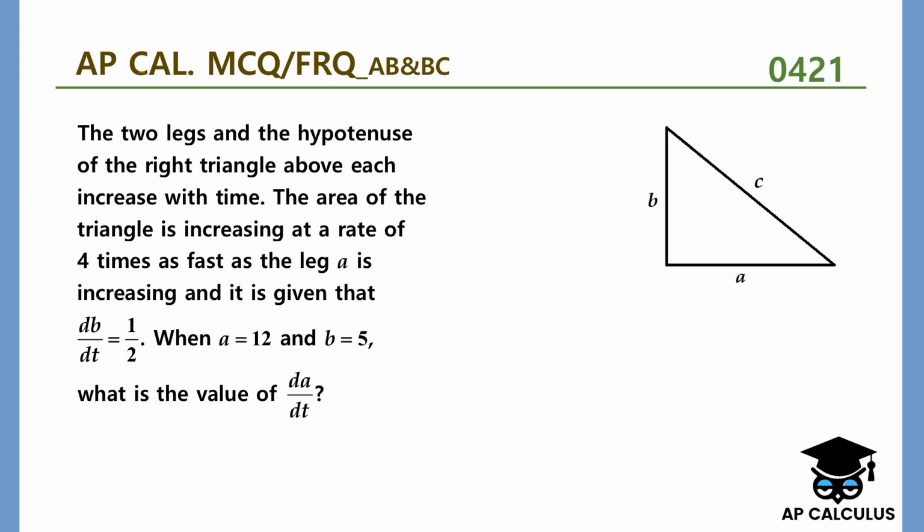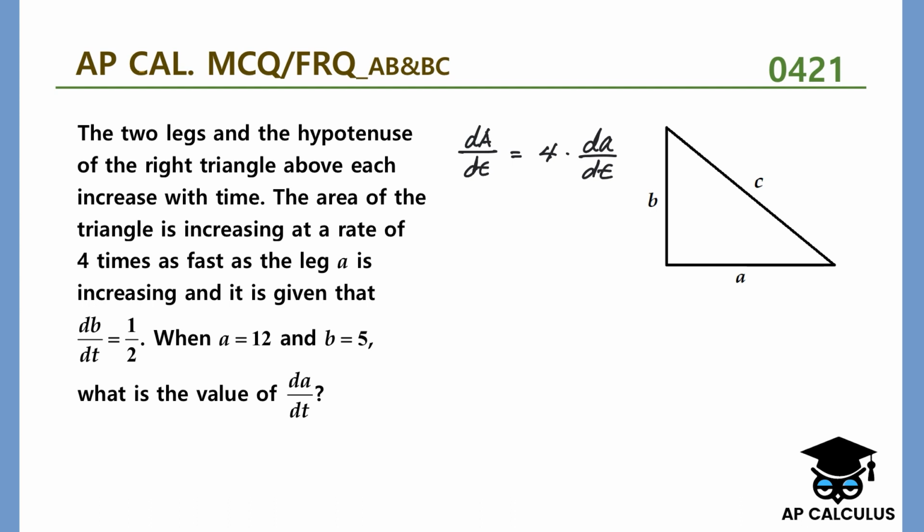And it says the area of the triangle is increasing at a rate 4 times as fast as the leg A is increasing, right? So we can write change in area with respect to time t is equal to 4 times change in leg A with respect to time t, right?